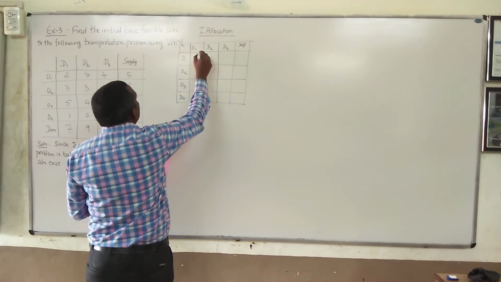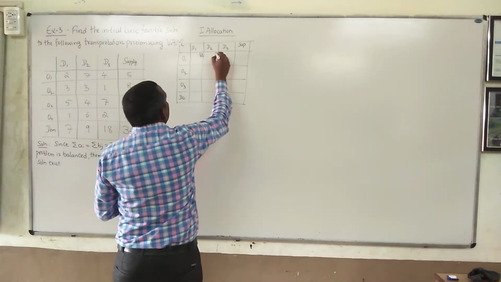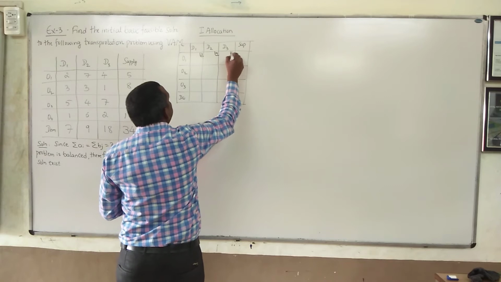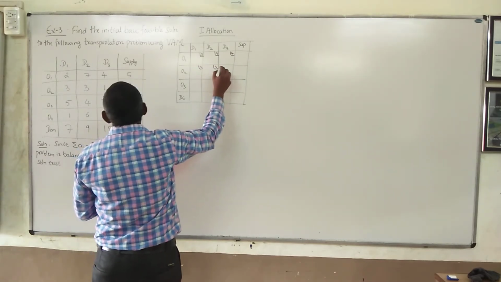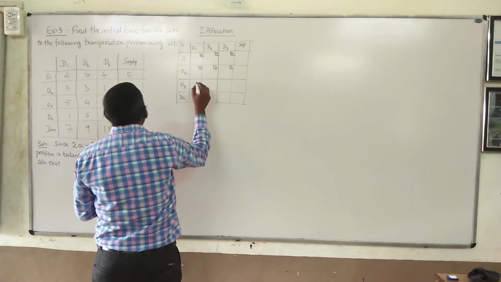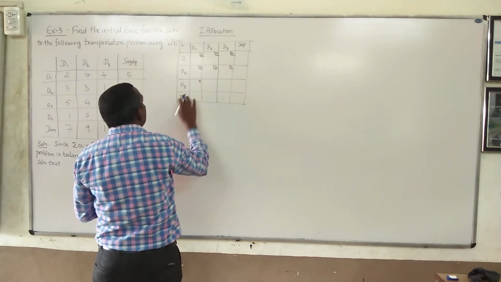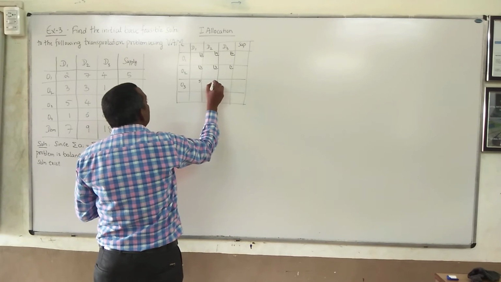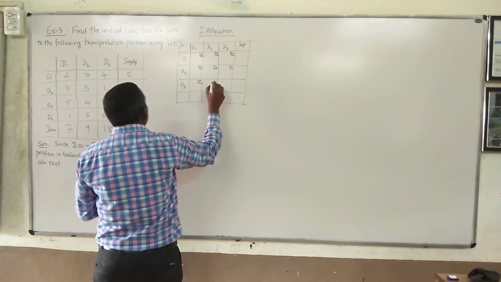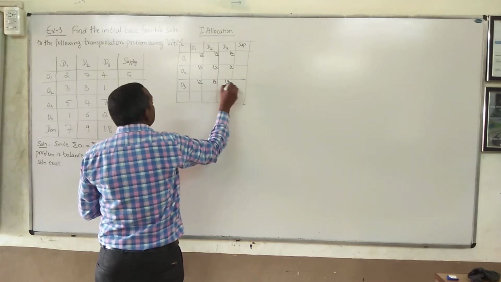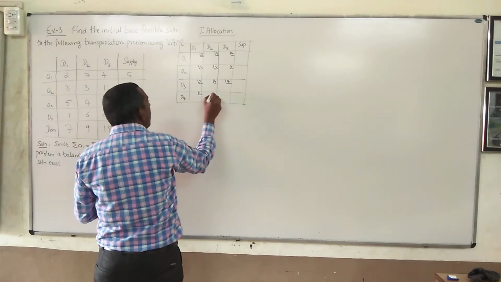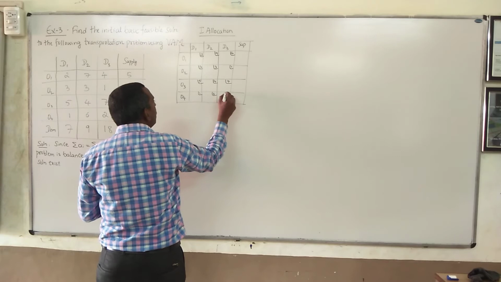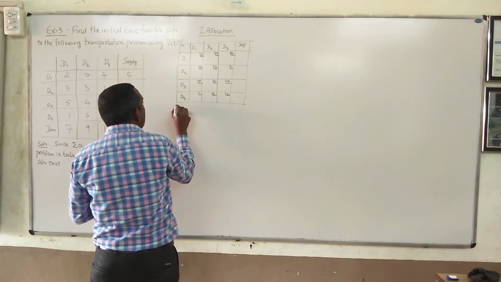It is 2, 7, 4, 3, 3, 1, 5, 4, 7, 4, it is 1, 6, 2, followed by demand.